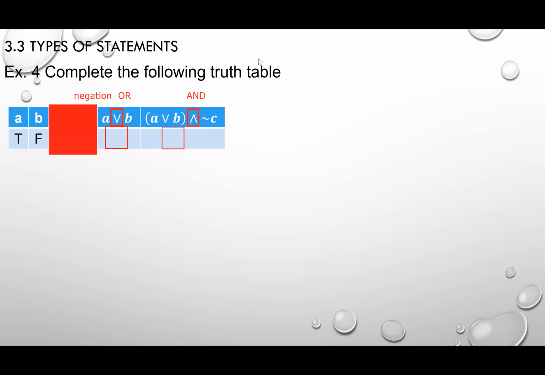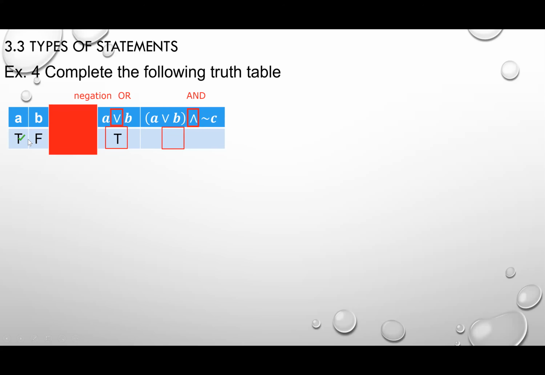Reminder, the OR criteria, the V, tells me that as long as there's a true, the result is true. So I don't care about B. As long as one of them, my A, is true, I have a true statement. So that's my OR statement.